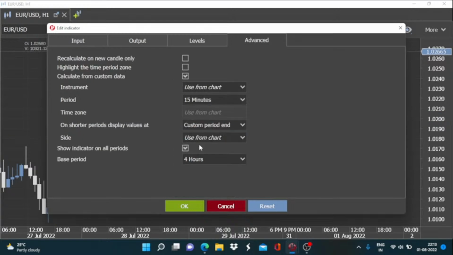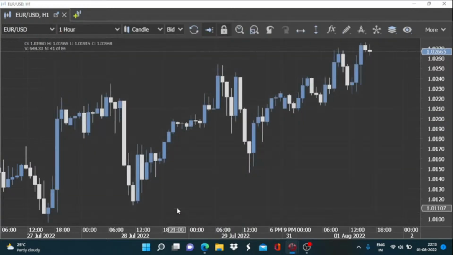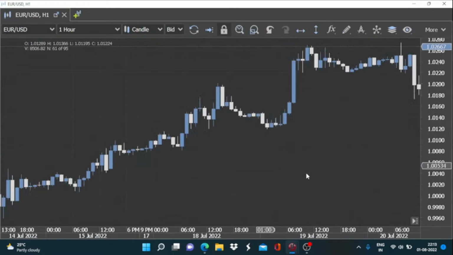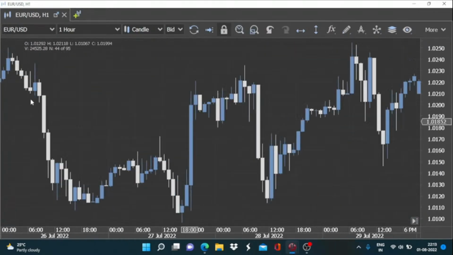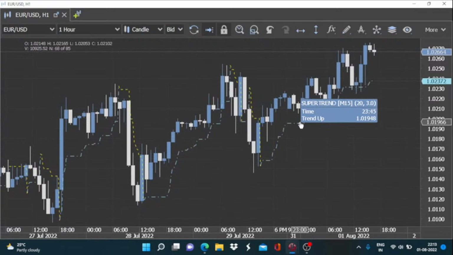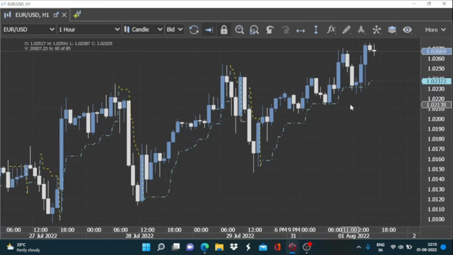Now let us make it 15 minutes. So we have this indicator, the super trend. Oh, it has vanished. Let us wait some time. Okay, it has reappeared now. So this is being calculated with the 15 minutes being the candle period, whereas the chart is drawn from the hourly time frame.